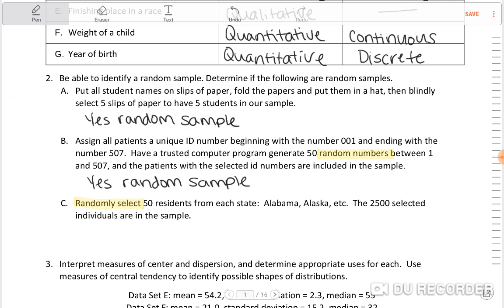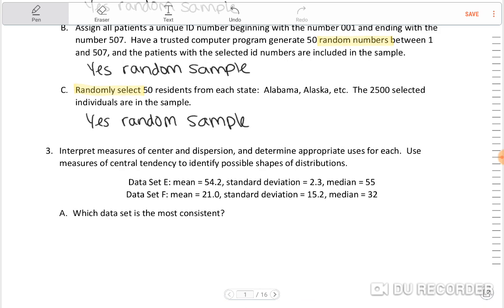It says randomly select 50 residents from each state, Alabama, Alaska, etc. The 2,500 selected individuals are in the sample. So yeah, I would say that is a random sample. Yes. Random sample.